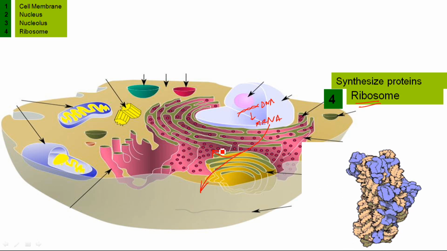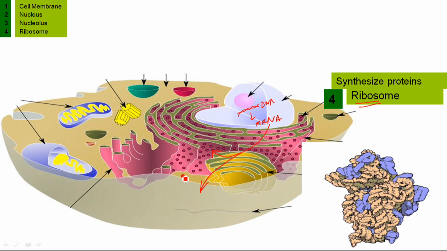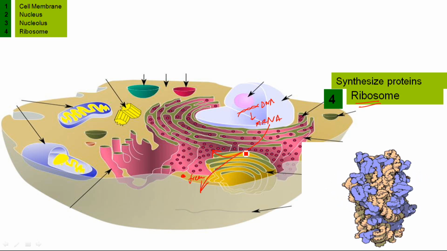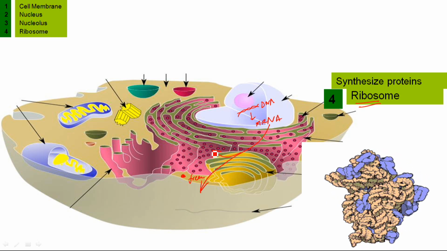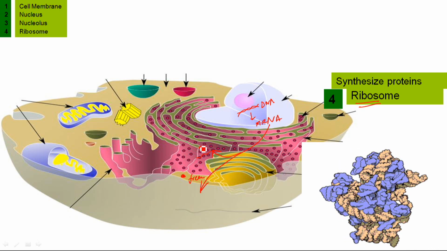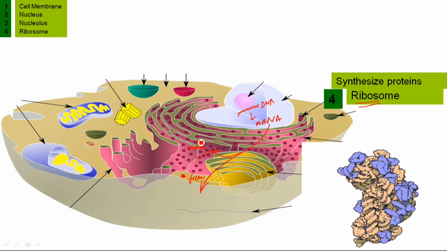Ribosomes can also be in the cytosol as free moving particles. So when the ribosome gets this transcribed mRNA, depending on that mRNA, it makes proteins from the amino acids in the cytosol.